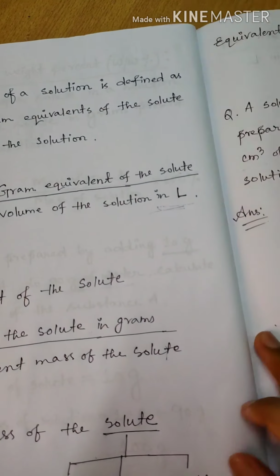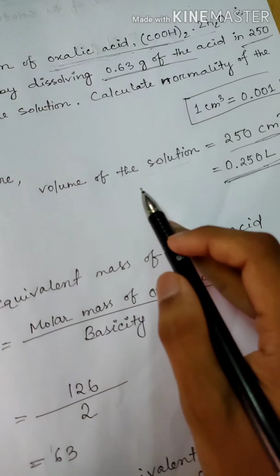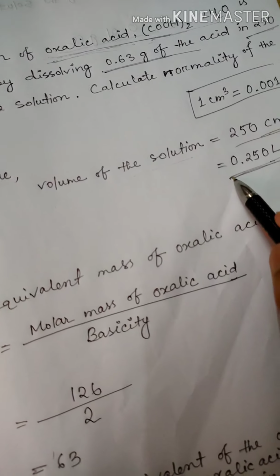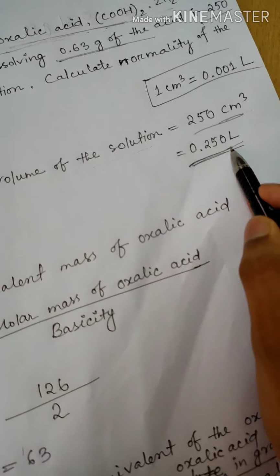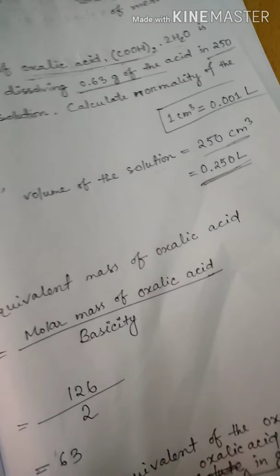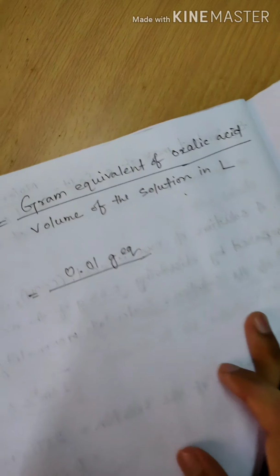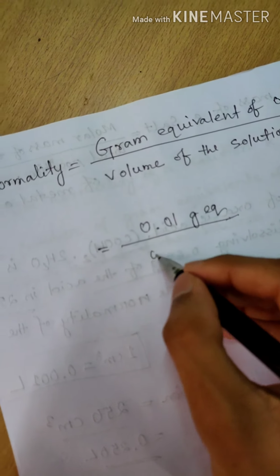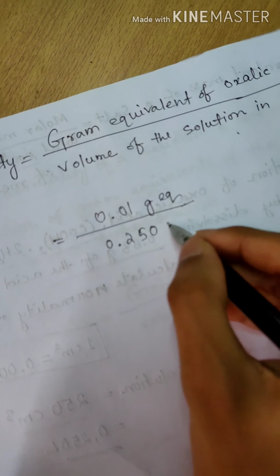Our volume of the solution in liter is 0.250 liter, so we write here 0.250 liter.